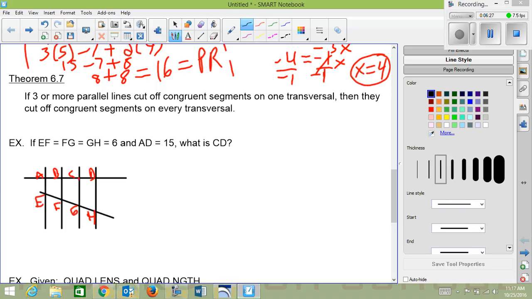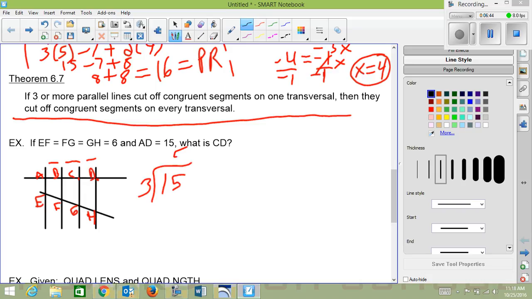C is the point right here, and D is the point right here. They just want to know how big that section is. How many sections were there? There's 1, 2, 3. And it basically says that they have to be congruent. So if you have a total of 15, you divide it by 3, and segment CD is 5.